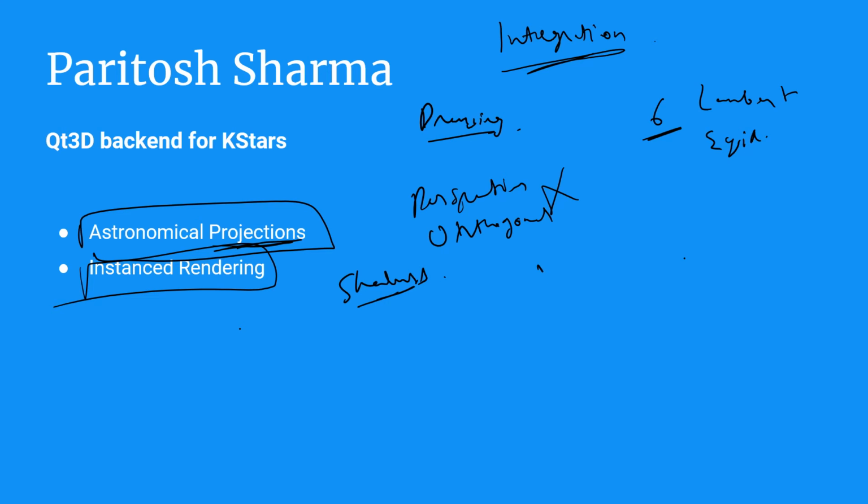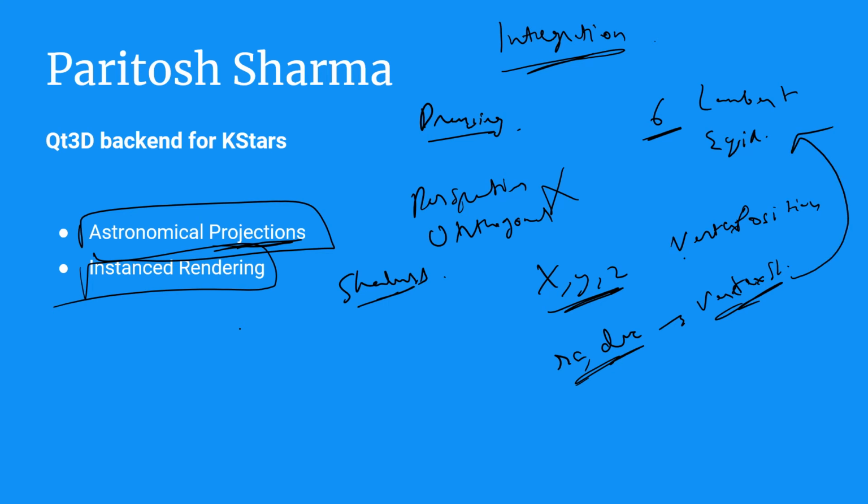So instead of the x, y, or z coordinate, which is given as the vertex position to the vertex shader while drawing, we have to give the right ascension and the declination of the sky object to the vertex shader, and this will actually project it using one of the 6 astronomical projections onto a 2D screen, and then it is further given to the fragment shader, which handles the coloring, etc. So this was a difficult bit to tackle and was the first problem on the drawing side.